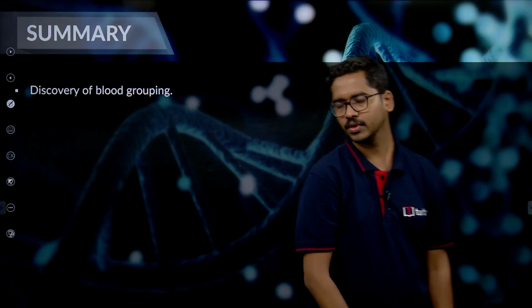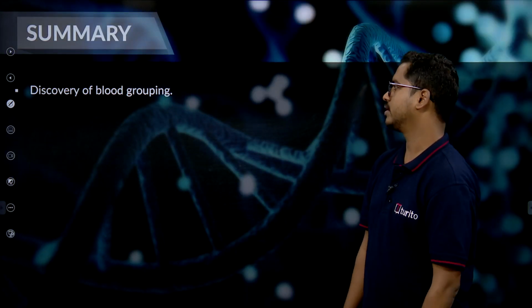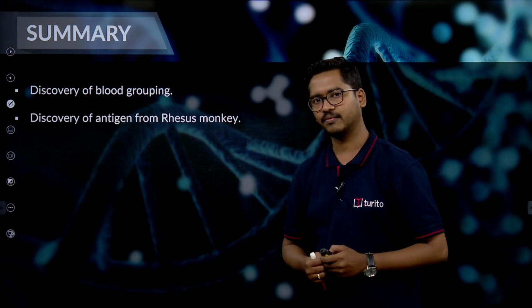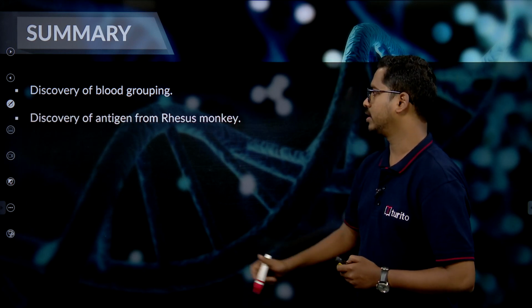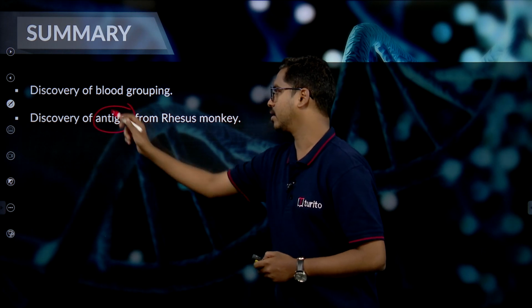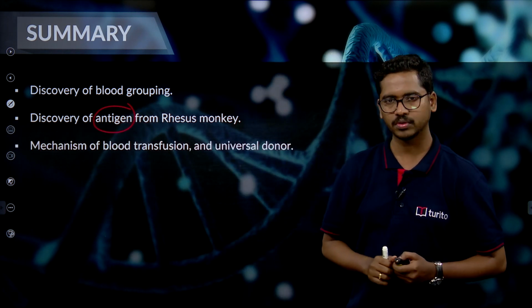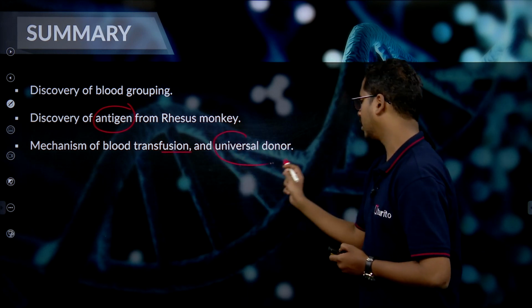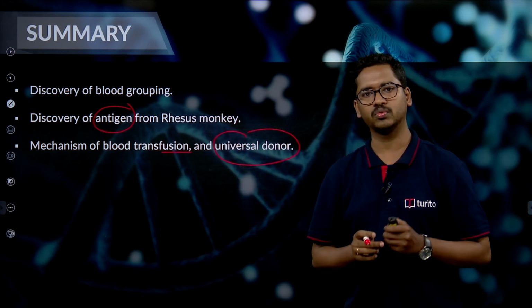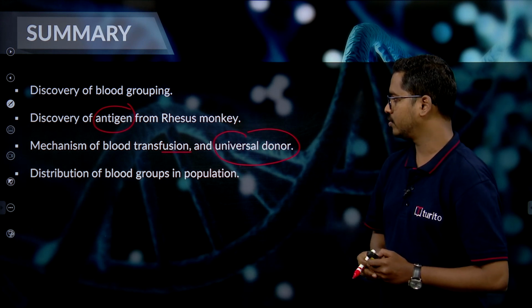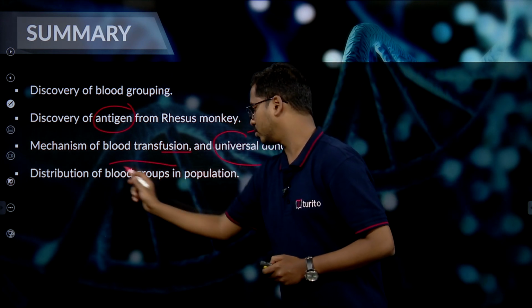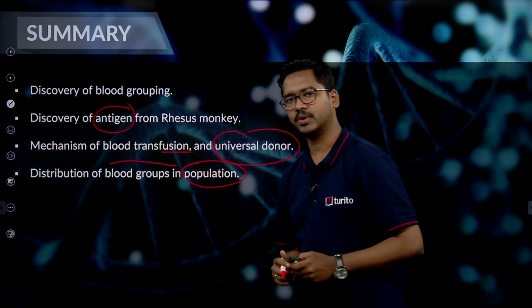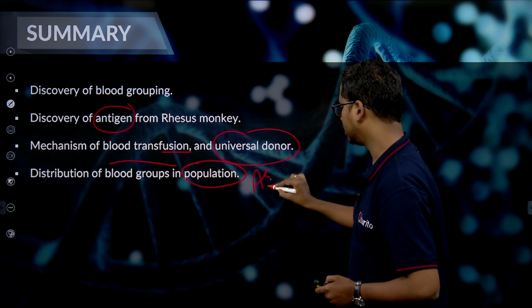So, let us look into the topics we have dealt with so far. In this particular session, we looked at the discovery of the blood grouping, following which we understood the discovery of the antigen and how it affects the blood groups. We looked at blood transfusion and a few details about the universal donor, following which we saw different blood groups over a population, that is the Asian population.